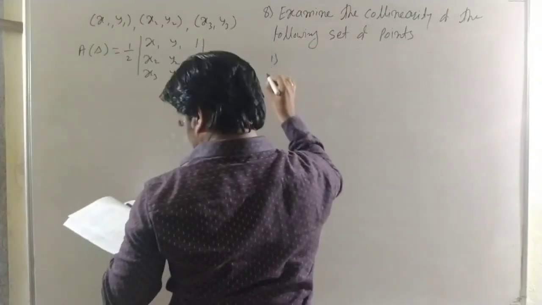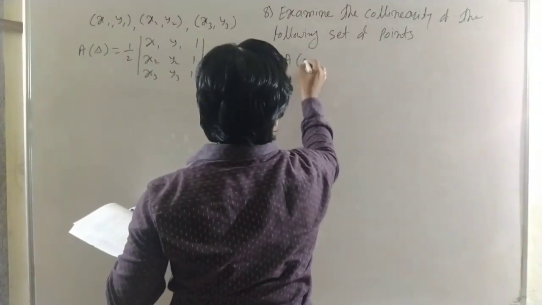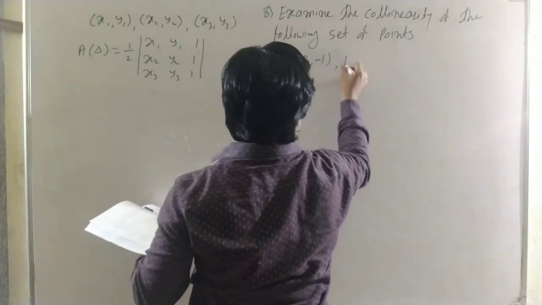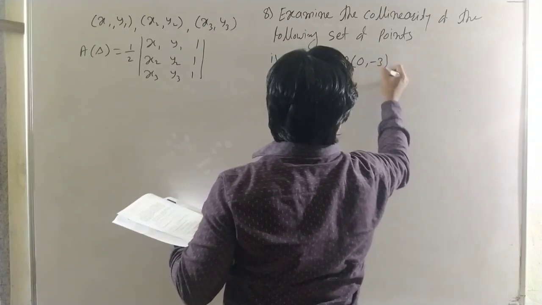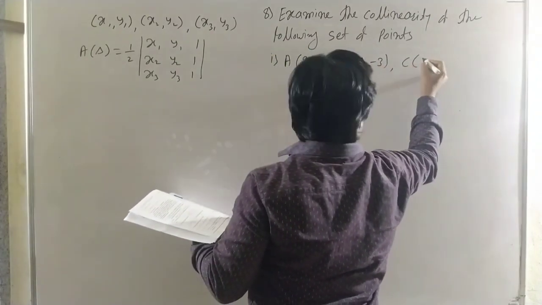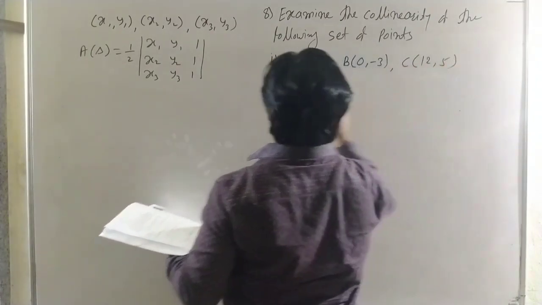Number 1: A (3, -1), B (0, -3), and C (12, 5).